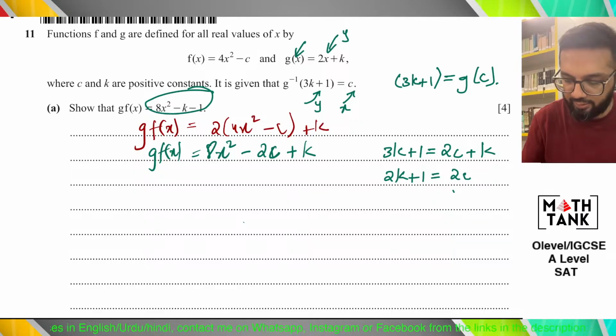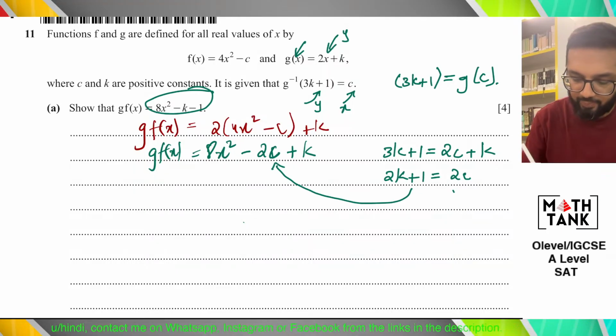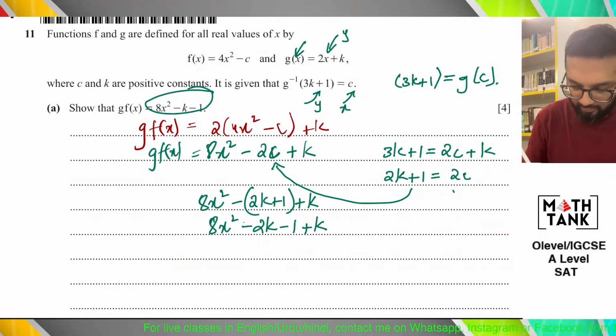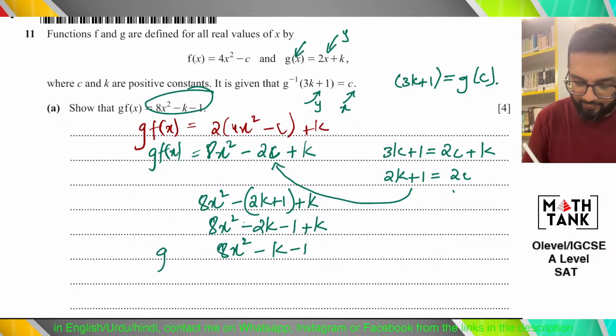I don't need to do c, just replace it here. 8x squared minus (2k plus 1) plus k is 8x squared minus k. So that is how you would show this part.